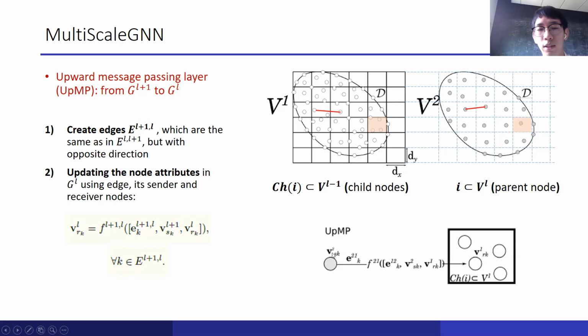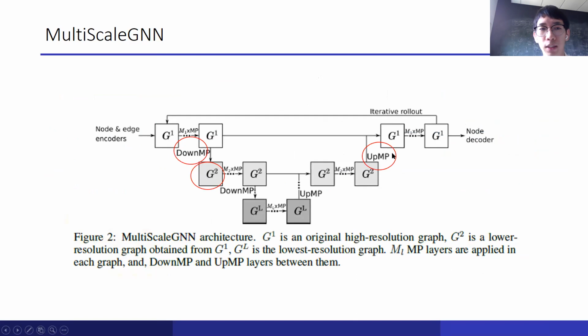So this equation takes the information of the edges and the node attributes of the low resolution graph and the high resolution graph to update the node attributes. So this is how they handle this multi-scale structure. And there are three key components here that we just introduced. Okay.